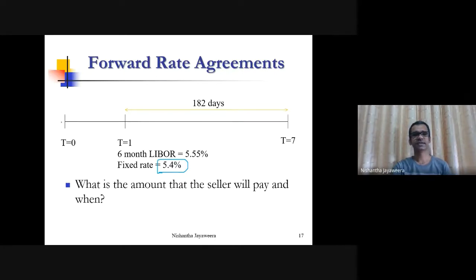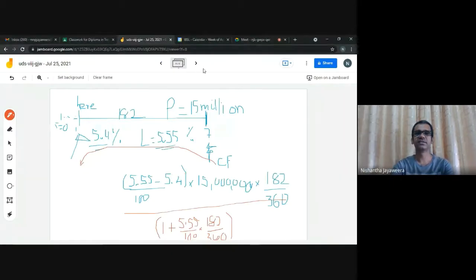So you decide that at time 0, today. You decide the 6-month interest rate starting one month from today. How do you do this? That's what we are going to discuss next.